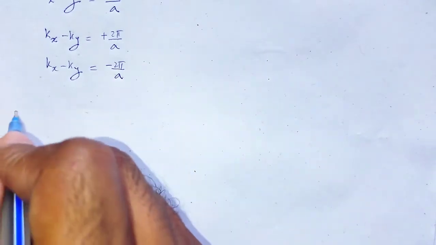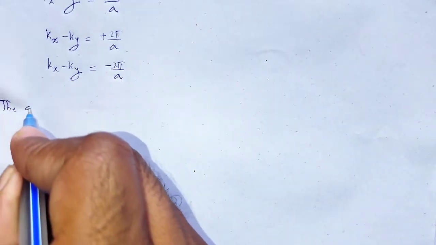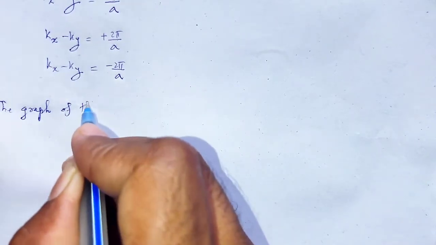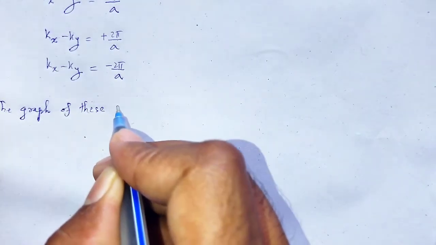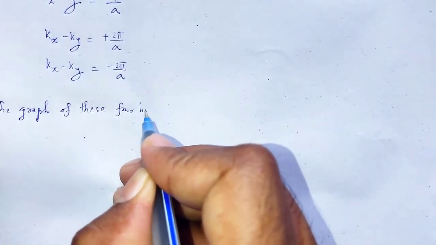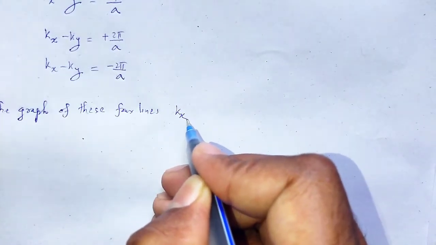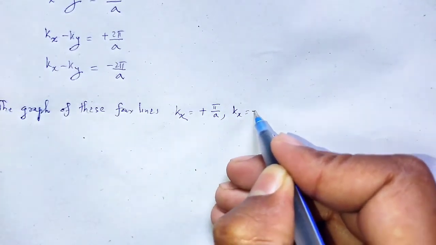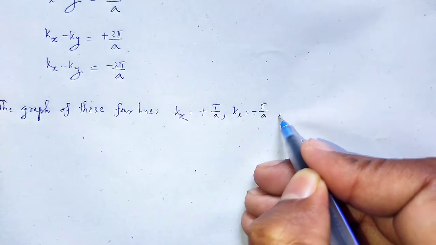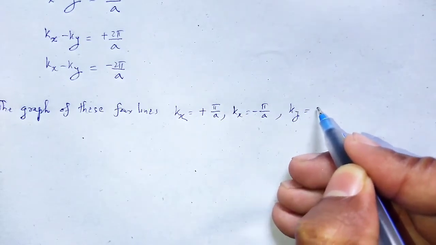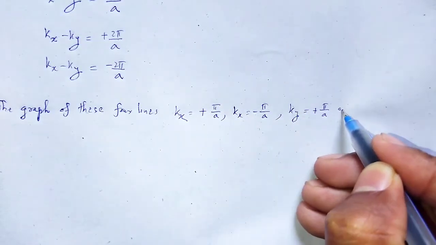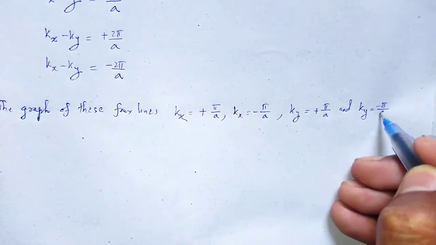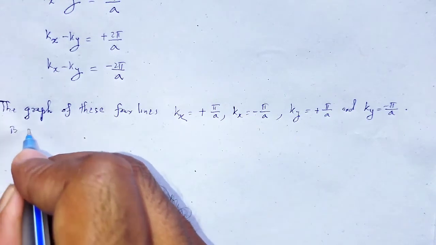Now, the graph we have to plot is these 4 lines: kx is equal to plus pi by a, kx is equal to minus pi by a, ky is equal to plus pi by a, and ky is equal to minus pi by a.